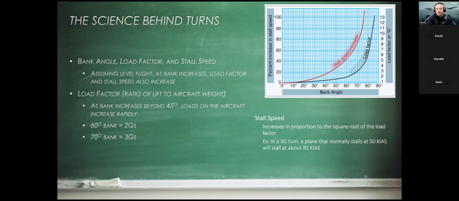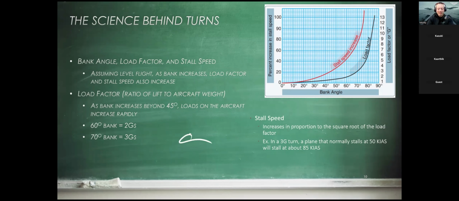And it's not linear, it's exponential. So in a 10-degree turn, you're barely feeling any G. But if you go to a 60-degree turn, you're actually feeling about 2 Gs, or 2 times the force of gravity. And as your bank angle and your load factor increase, your stall speed will also increase exponentially. So in a 60-degree bank turn, you're feeling 2 Gs, and your aircraft will stall at a little more than 40% faster airspeed than normal.